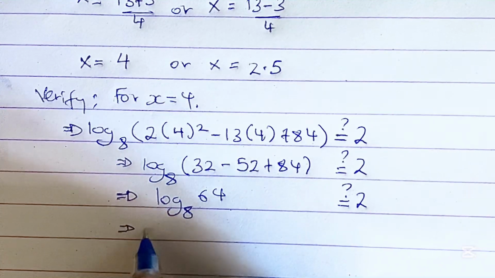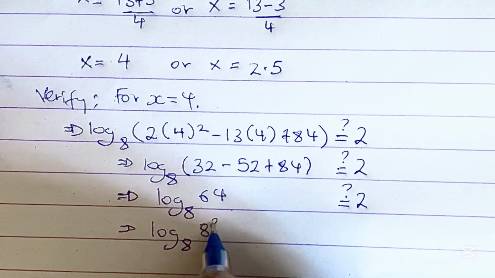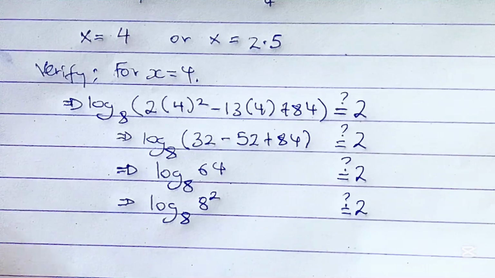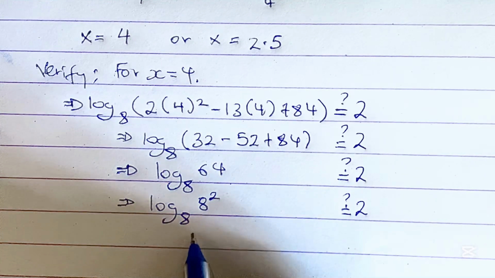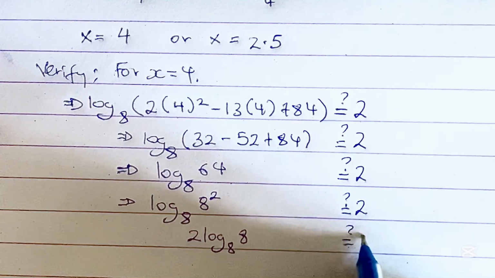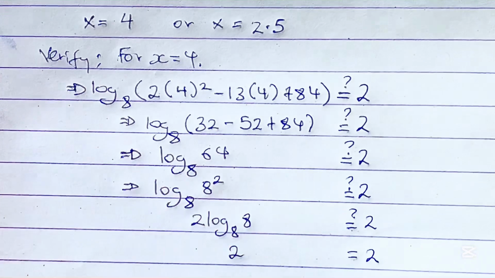So log 8 of 64, which is 8 squared, should be equal to 2. And when you simplify this, it becomes 2 log 8 of 8 should be equal to 2, and 2 is equal to 2.